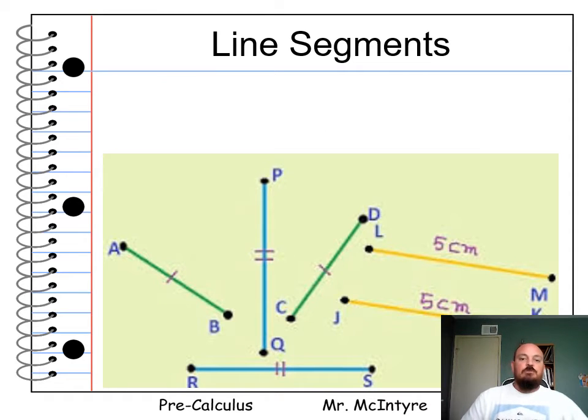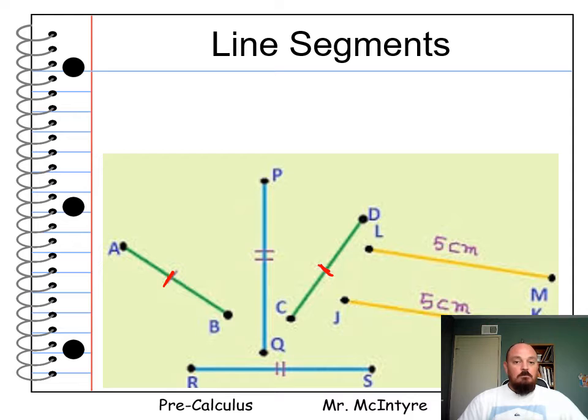So let's look at this picture right here. It's a little bit cut off. Let me take me out of there for now. So basically, if you're looking at this picture, they're kind of color-coded, which I shouldn't have done. But what's really important is that if you look at the two green lines there, see how they have this one little mark right here and this one little mark right here.